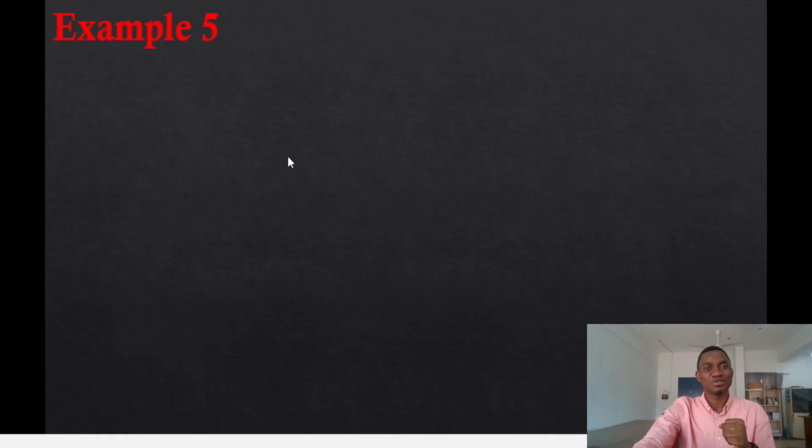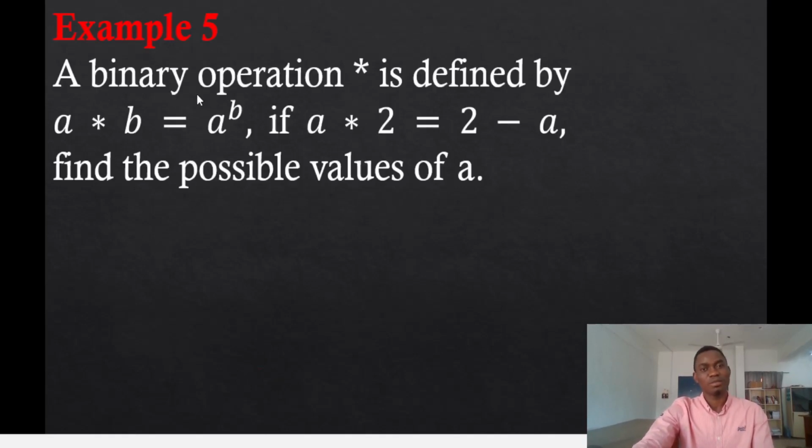All right. Let's look at the fifth example. A binary operation star is defined by A operated on B is equals to A raised to power of B. If A operated on 2 is equal to 2 minus A, find the possible values of A. Okay, this is a question given to us.